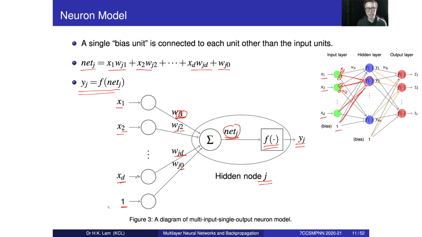So once we know the input x and the value of w, we can compute y_j if we define the function f. In the hidden layer, all the hidden nodes have the same function f, but if you wish, we can choose a different function for different hidden nodes.